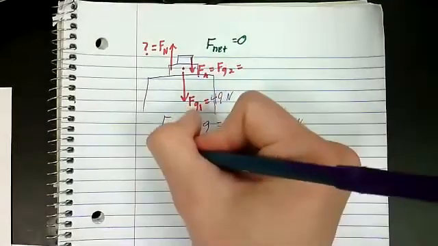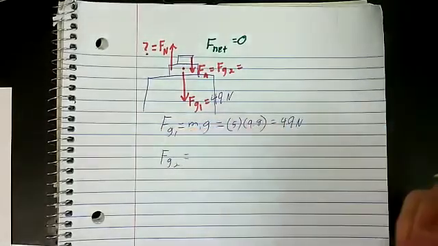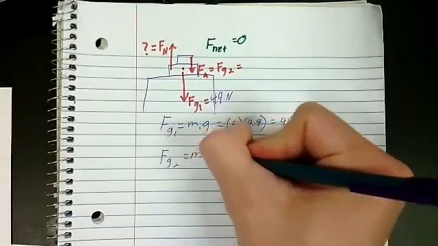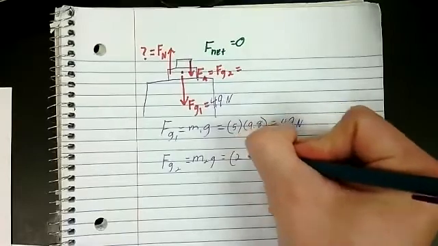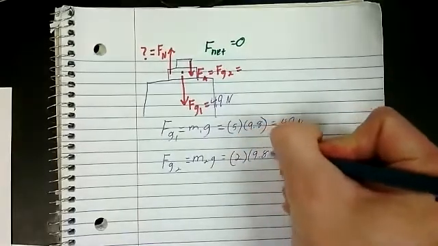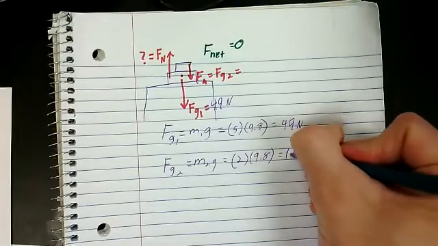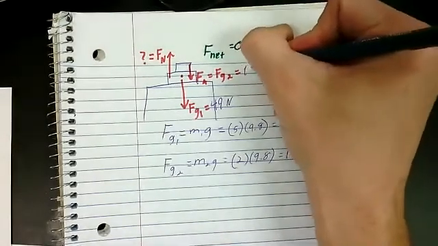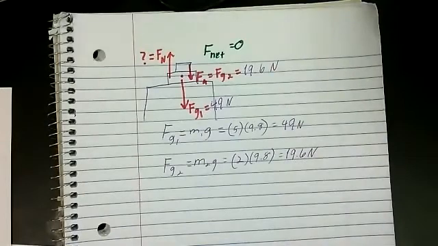Okay, the second book is going to be the mass of object 2 times g, which is 2 times 9.8, which is 19.6. Okay, so that's step 5 done.